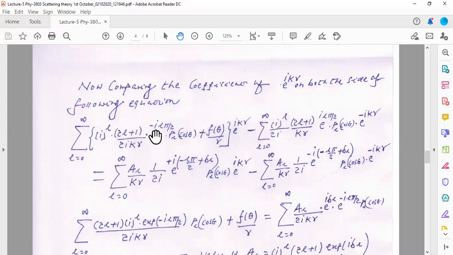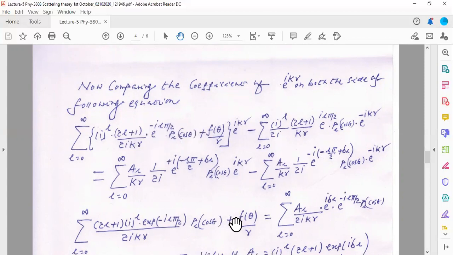So now when you solve this expression and compare the coefficient of e to the power of ikr, on the left hand side it is the sum of (2l plus 1) i to the power of l e to the power of minus i l pi by 2 upon 2i kr P_l(cos theta), right?